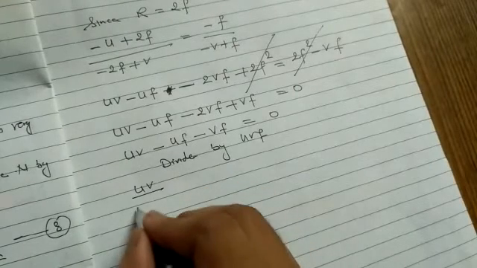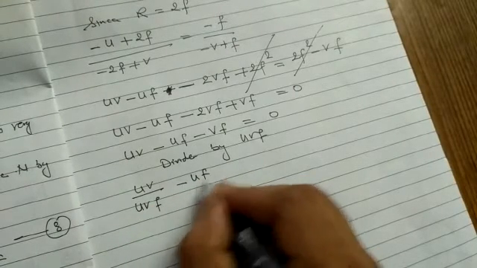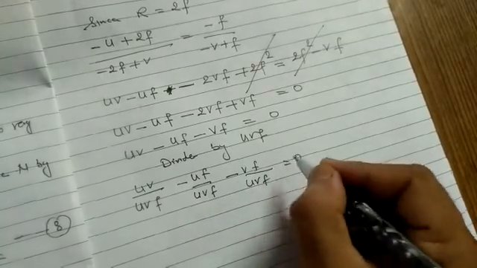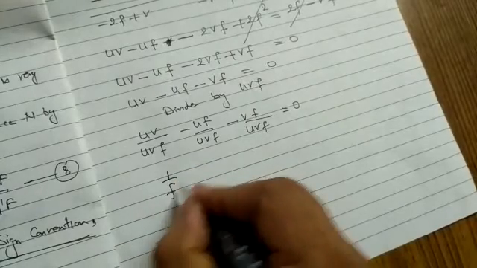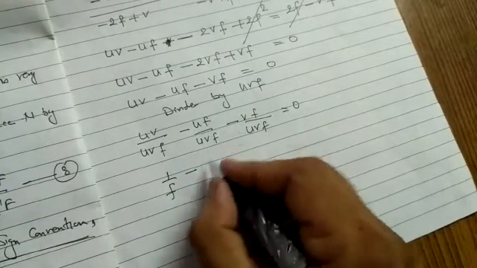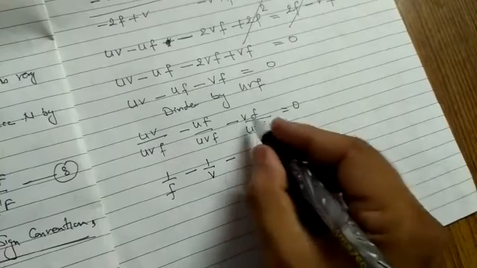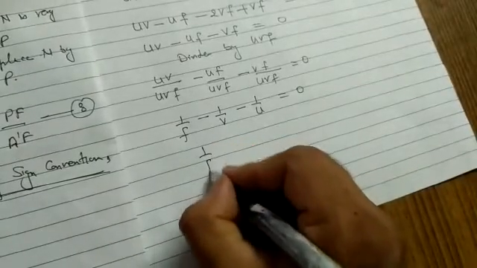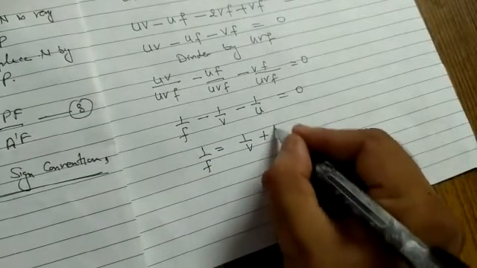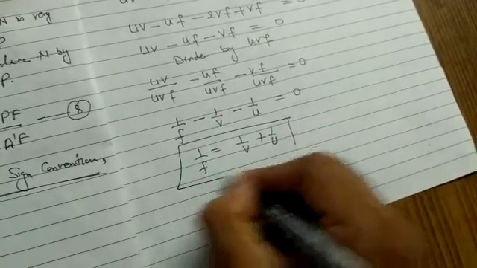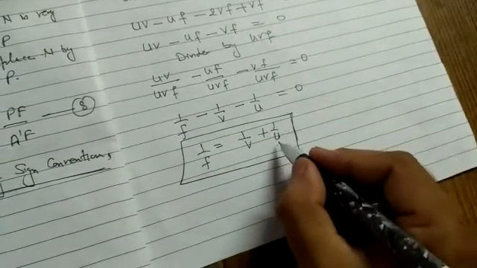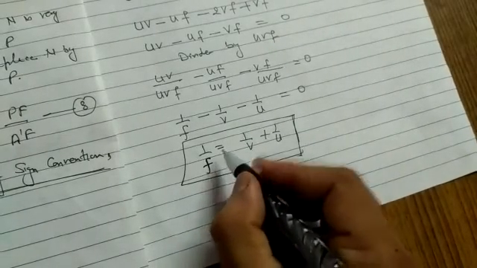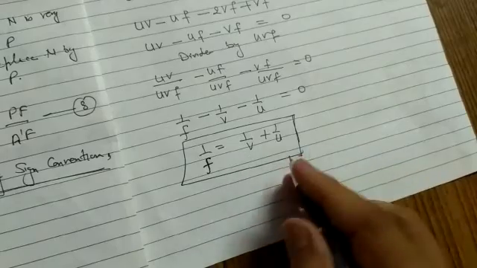So UV upon UVF, UF upon UVF, minus VF upon UVF. UV cancels by UV, we get 1 by F, minus UF cancels by UF, we get 1 by V, and VF cancels by VF, we get 1 by U. Rearrange it. So 1 by F equals 1 by V plus 1 by U, and this is the mirror formula. The relation between object distance U, image distance V, and focal length small f of the mirror is called the mirror formula, that is 1 by U plus 1 by V equals 1 by F.